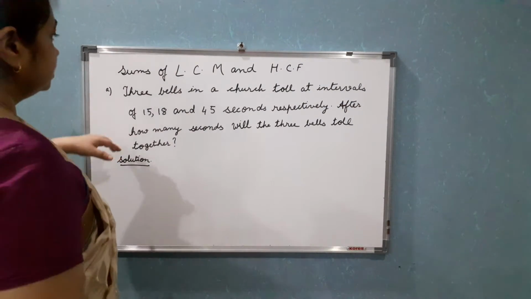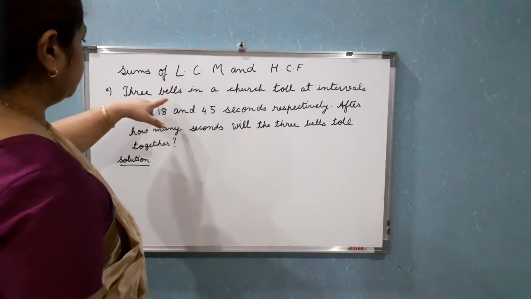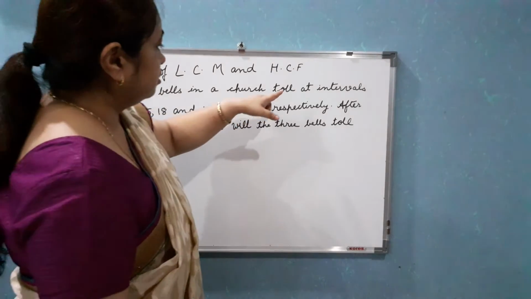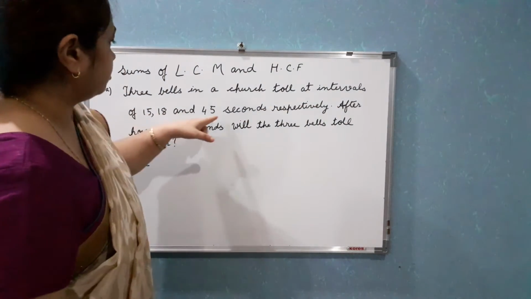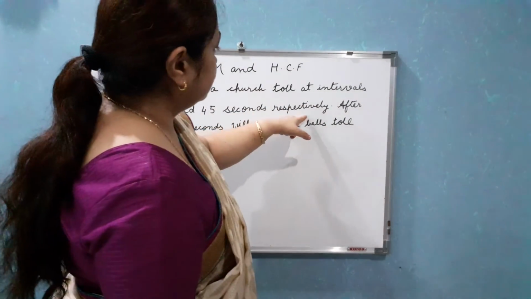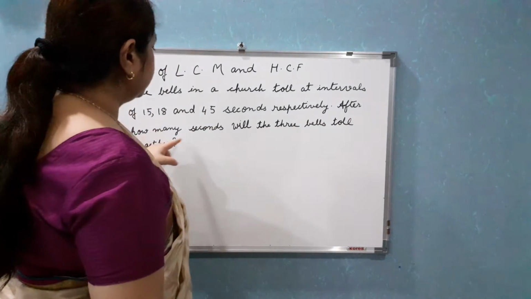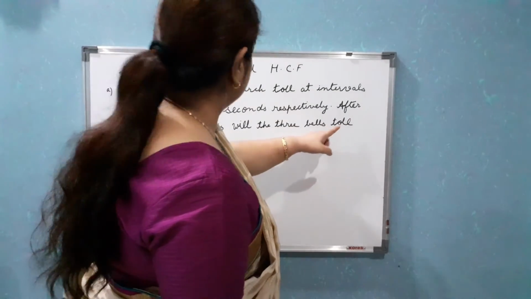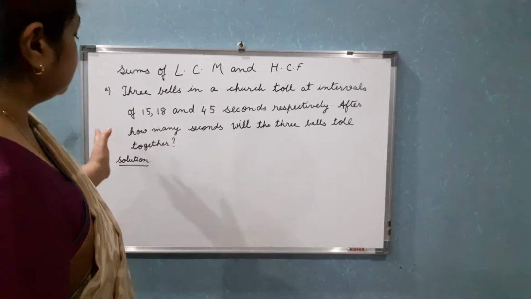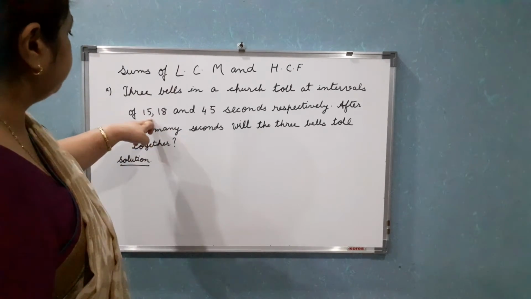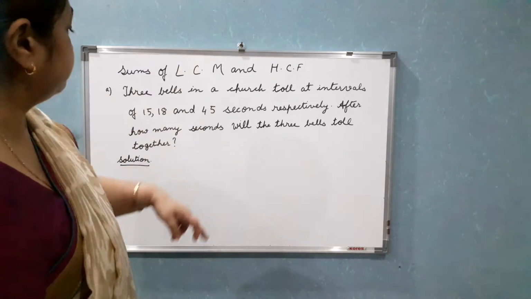See here is a sum. 3 bells in a church toll at intervals of 15, 18 and 45 seconds respectively. After how many seconds will the 3 bells toll together? Okay, so you have to just find out the LCM of 15, 18 and 45.